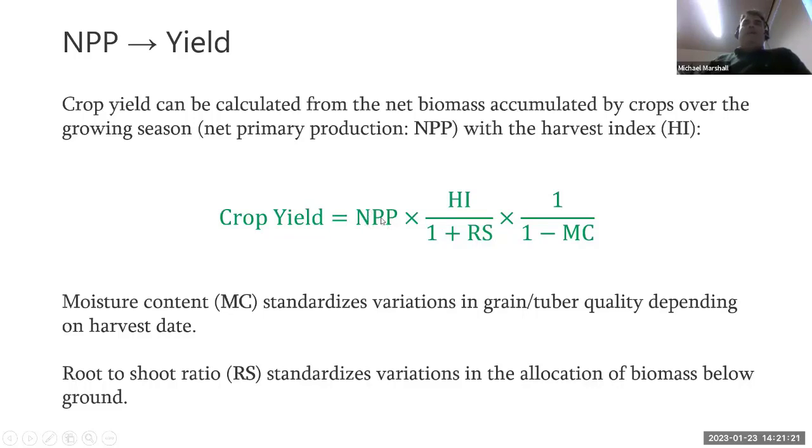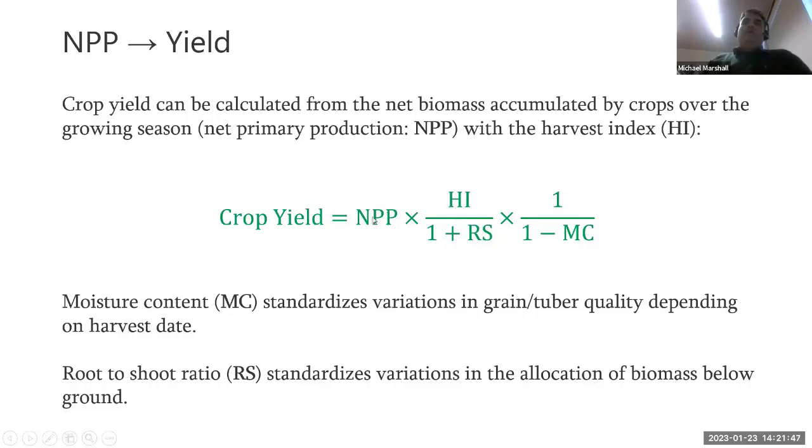So net primary productivity is basically the amount of carbon which is assimilated as biomass over a growing season minus respiration. And respiration we'll get into in the subsequent slides. Respiration deals with the carbon sort of lost. So you gain some carbon for growth and maintenance of crops, but you also lose some through the metabolic processes.